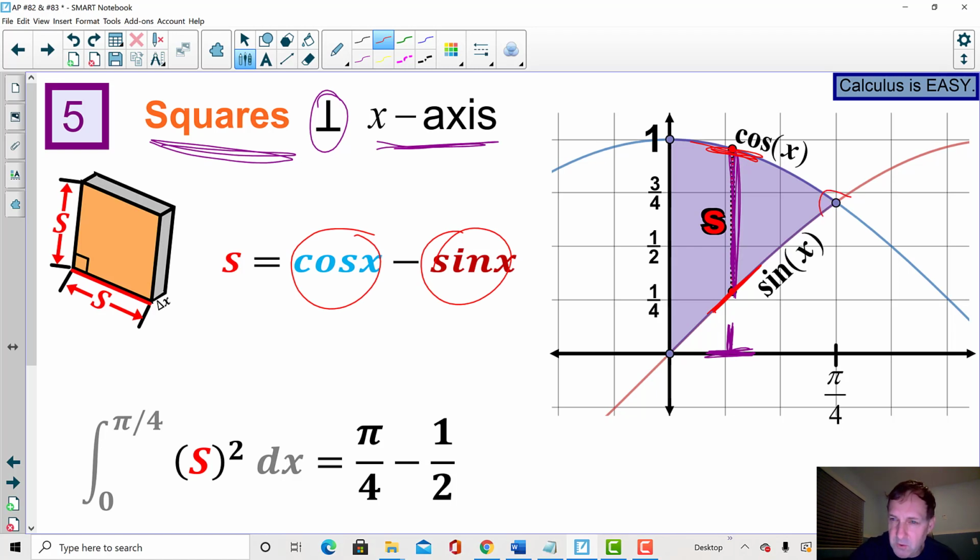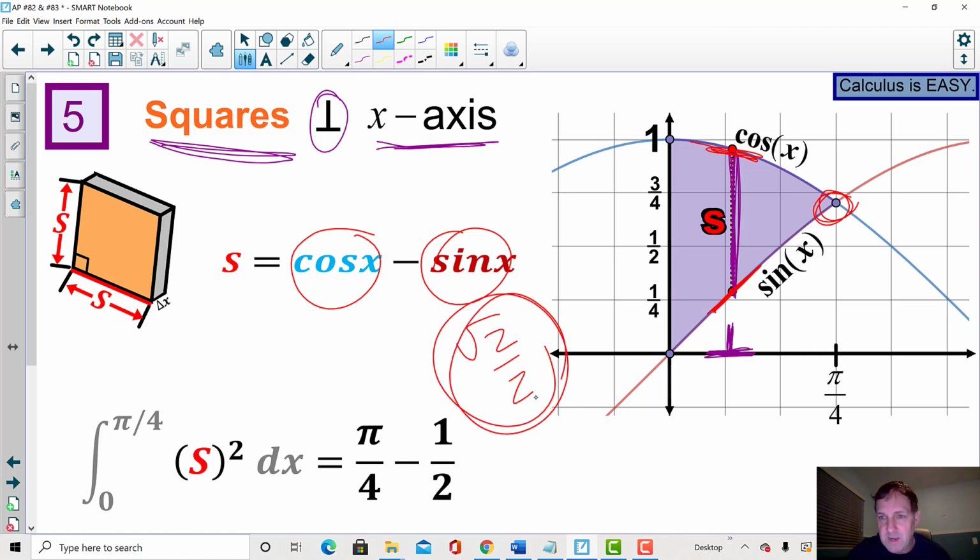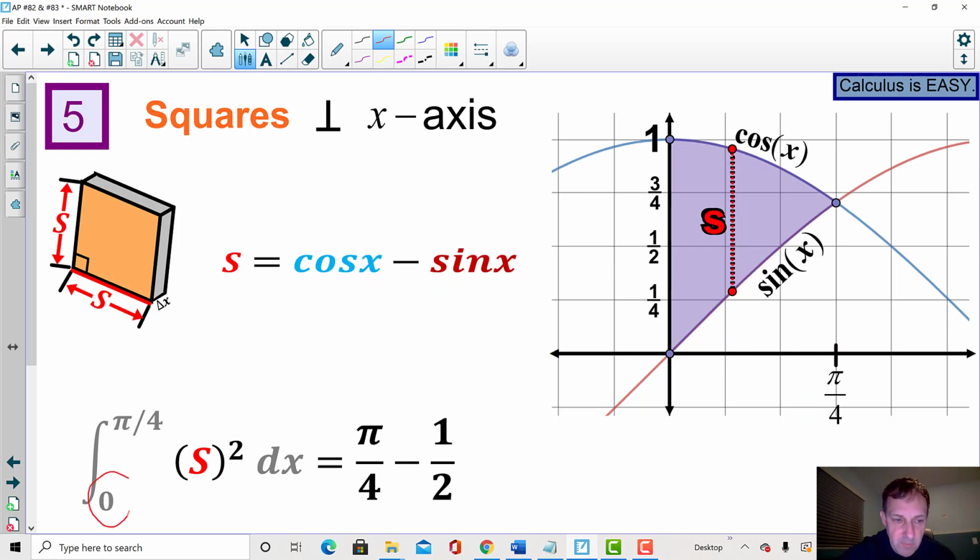A lot of us even know where they intersect. We know that sine of 45 degrees and cosine of 45 degrees both give us root 2 over 2. So that's where sine and cosine are equal at 45 degrees, or in this case, we're writing it as pi over 4. So our integral is going to go from 0 to pi over 4.